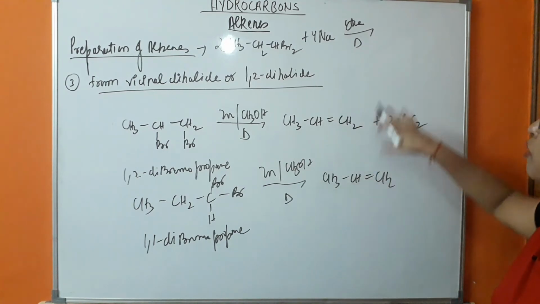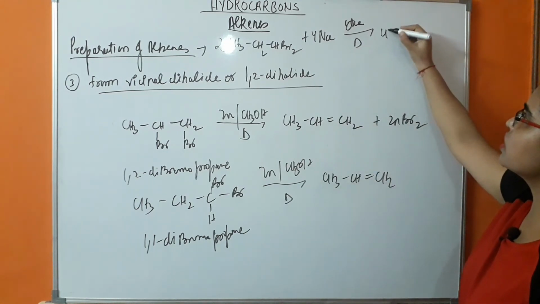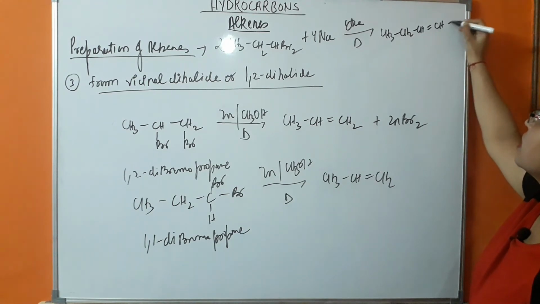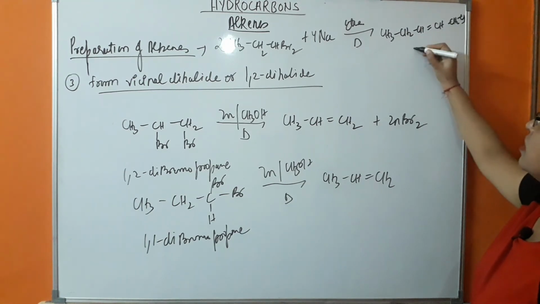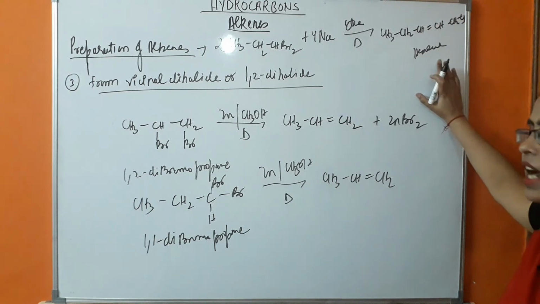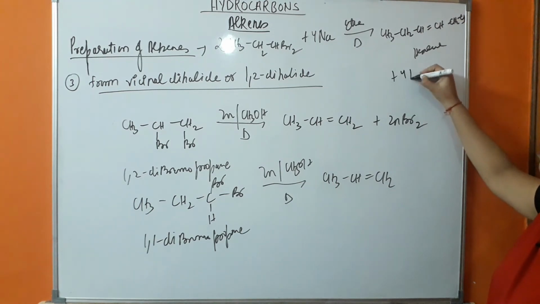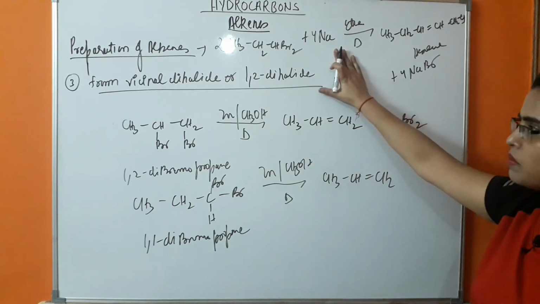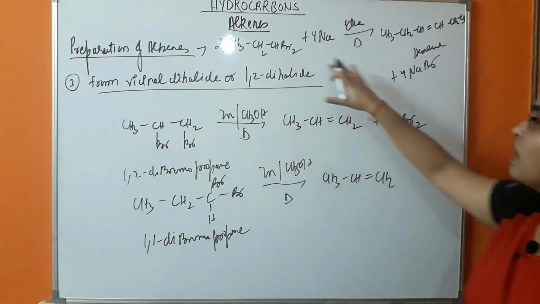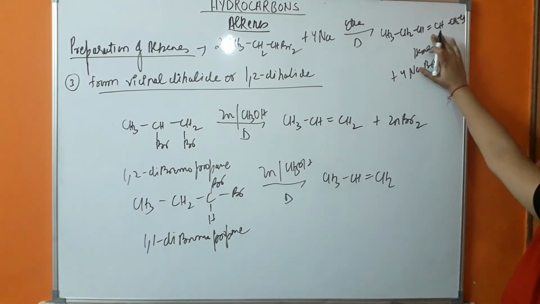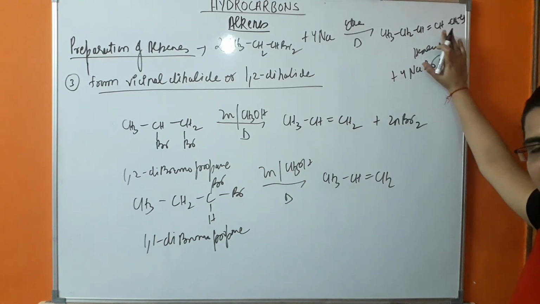Then there will be formation of alkene, which is CH3, CH2, CH double bond CH, CH2, CH3. This is hexene. Instead of propene, it will form hexene and there will be removal of 4 NaBr. Okay, so if we take sodium instead of zinc, then there will be an increase in the carbon chain also, and also formation of a double bond takes place.